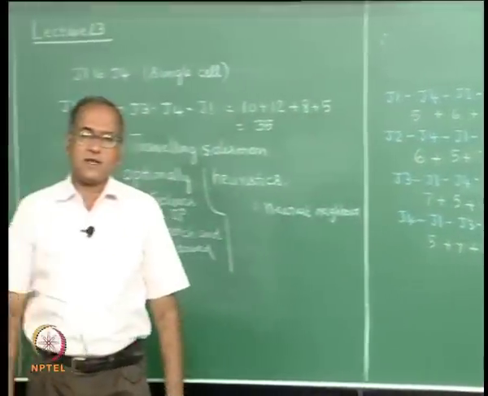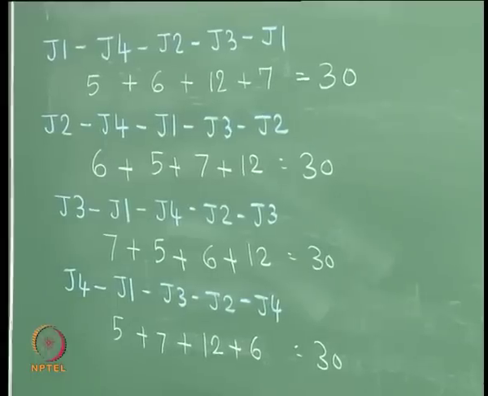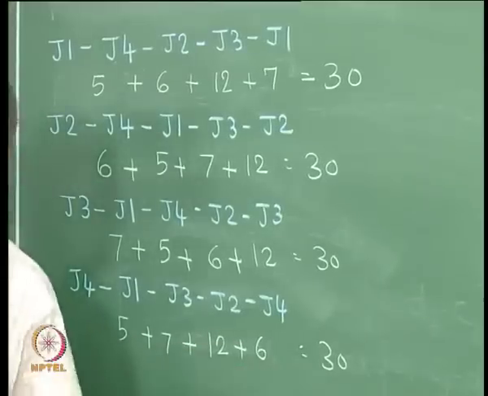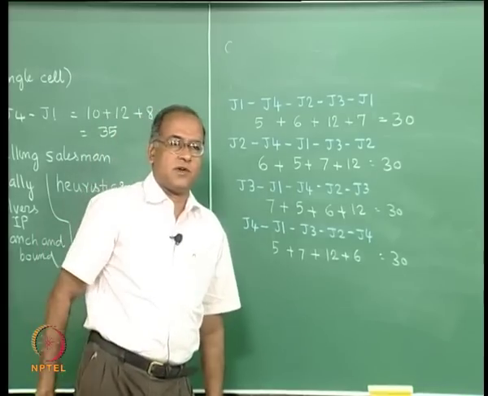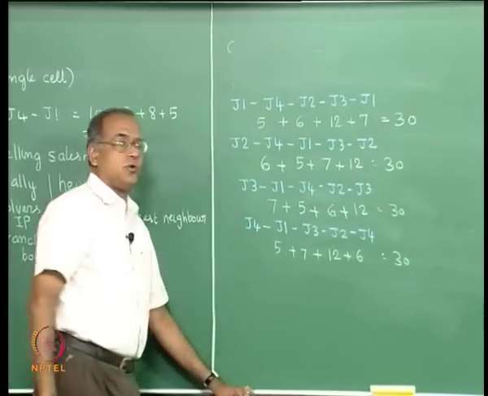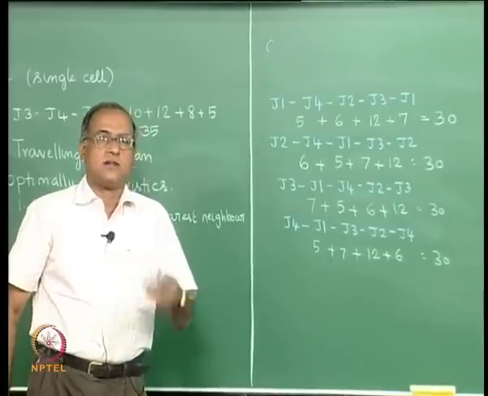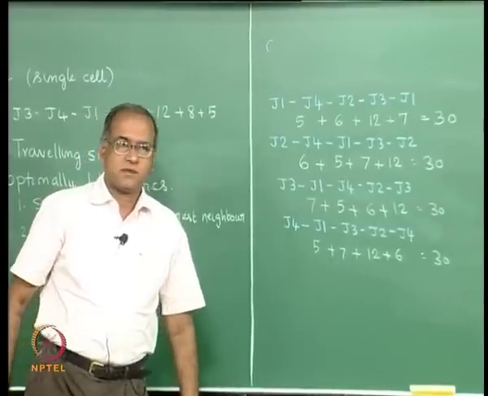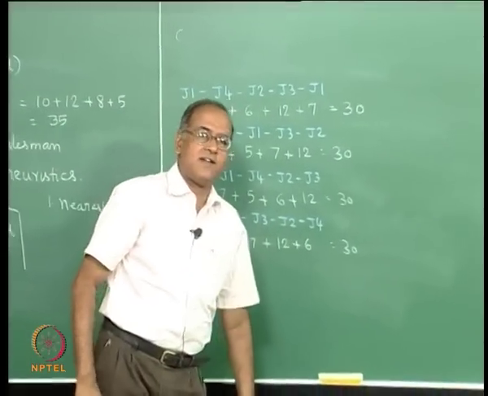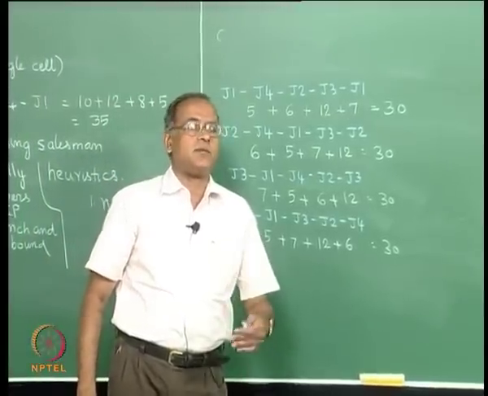In this particular example, all the 4 possible solutions under the nearest neighbor method have given us the same 30. In different examples, we could have different values and we could choose the best out of these as the solution to the travelling salesman problem. Now, the nearest neighbor method does not always guarantee the optimal solution, for multiple reasons.